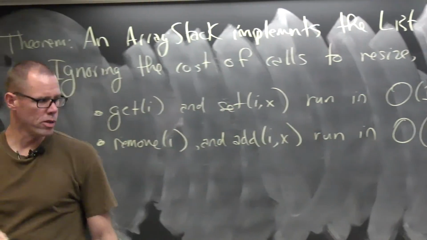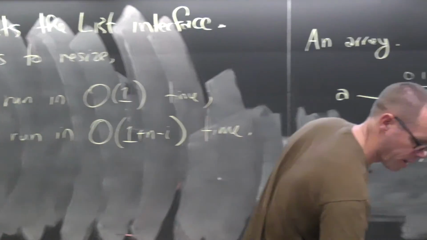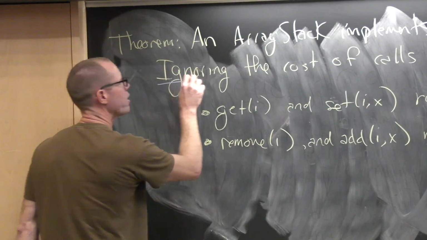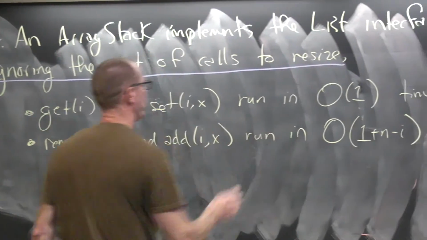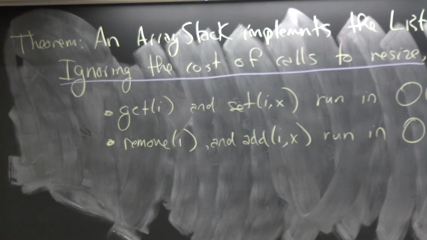OK, so you see I just pulled a trick there. I said, ignoring the cost of calls to resize, all of this is true. That's fine. You can do that.